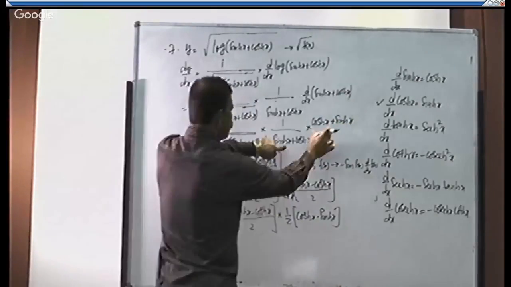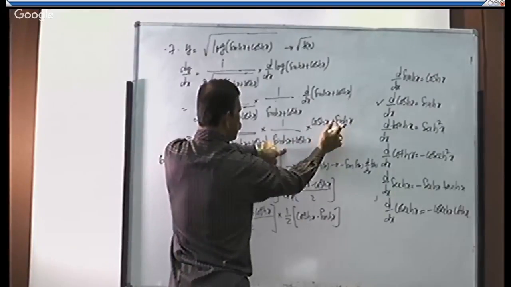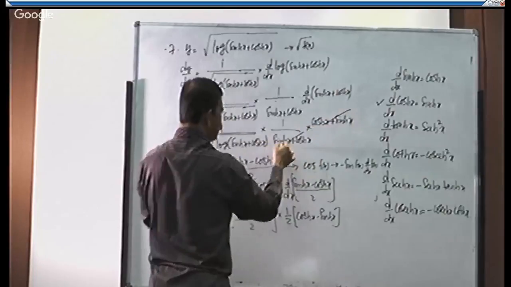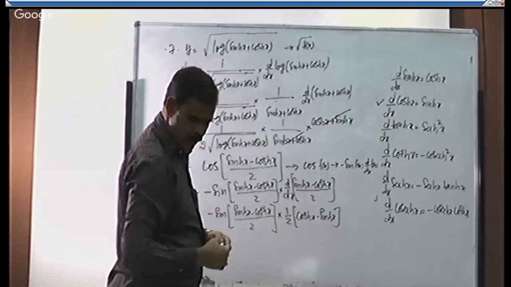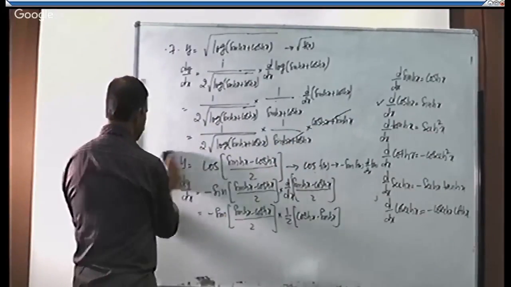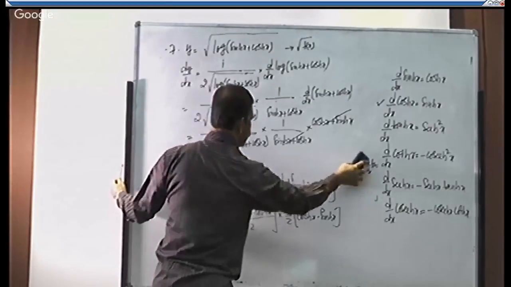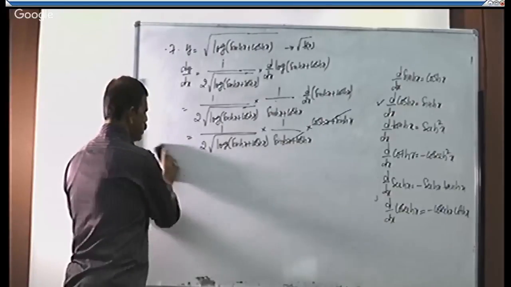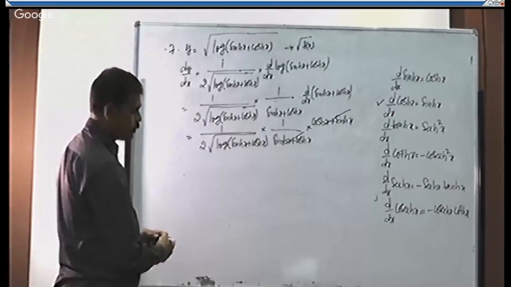Observe here, these two are same. Sin hx plus cos hx or cos hx plus sin hx, they get cancelled. Finally, what is remaining? It is 1 divided by 2 root of log of (sin hx plus cos hx). Correct?